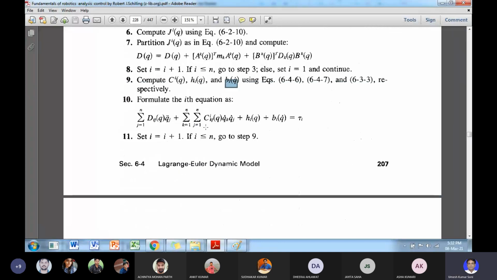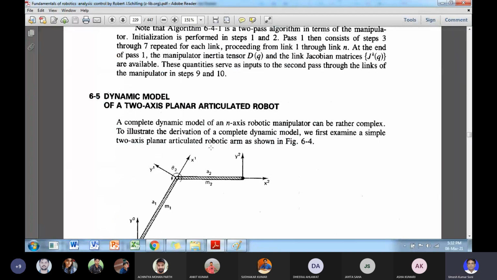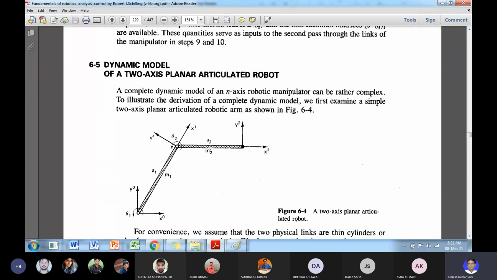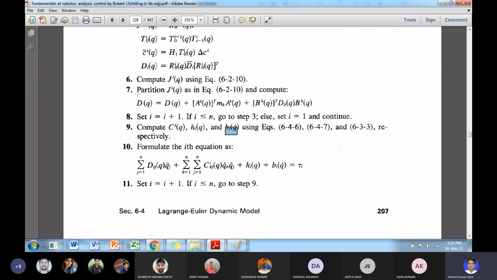And completely then we will find the equation of the torque. So we start here with a simple model, and we will first practice how to determine the d(q).